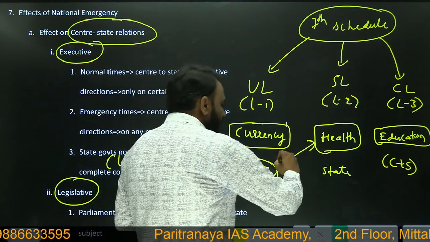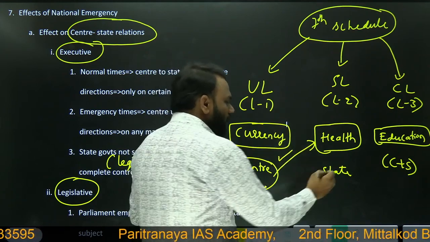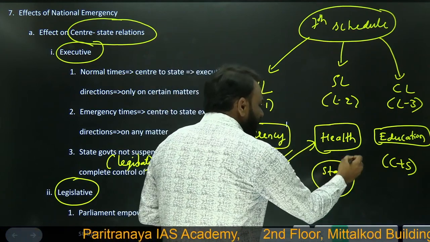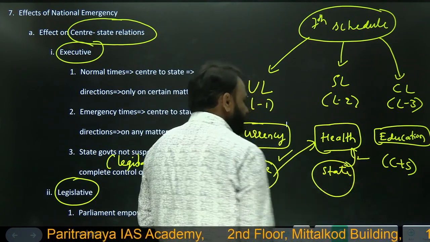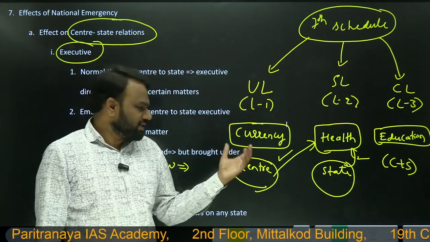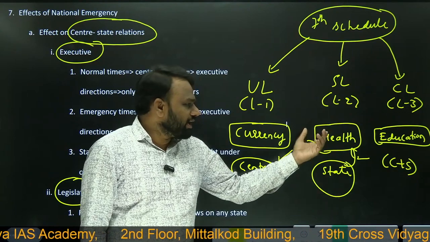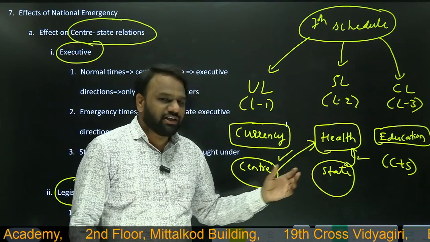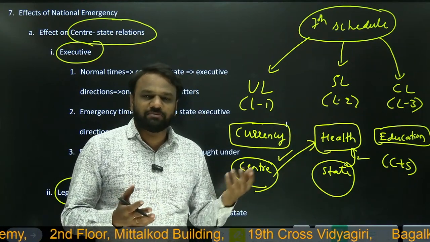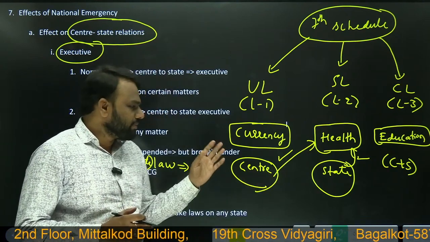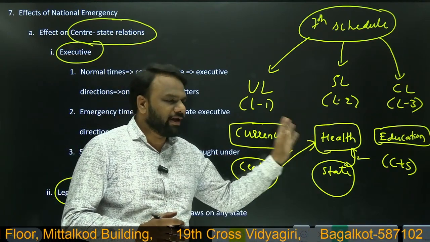So the center can make a law on a state subject. How about the state? Can the state make a law on the state subject? Yes. On a state subject, the center can also make law, and the state can also make law. So the subjects present in the state list will act more or less like the subjects present in the concurrent list, because both the center as well as the state can make laws.